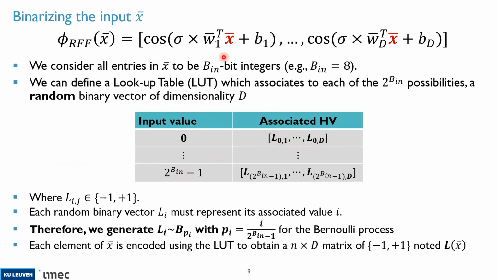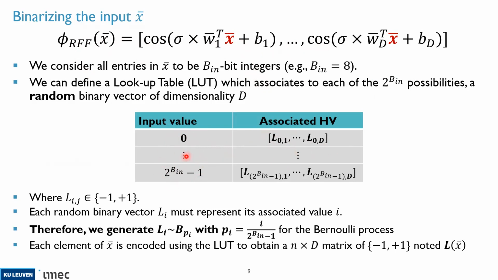Here it's important to say that because we need to compute this inner product, we need to be consistent with the definition of the random Fourier feature mapping. We need the translation of each element from the vector x into the hypervector space to be statistically in accordance with the value that you're trying to encode.